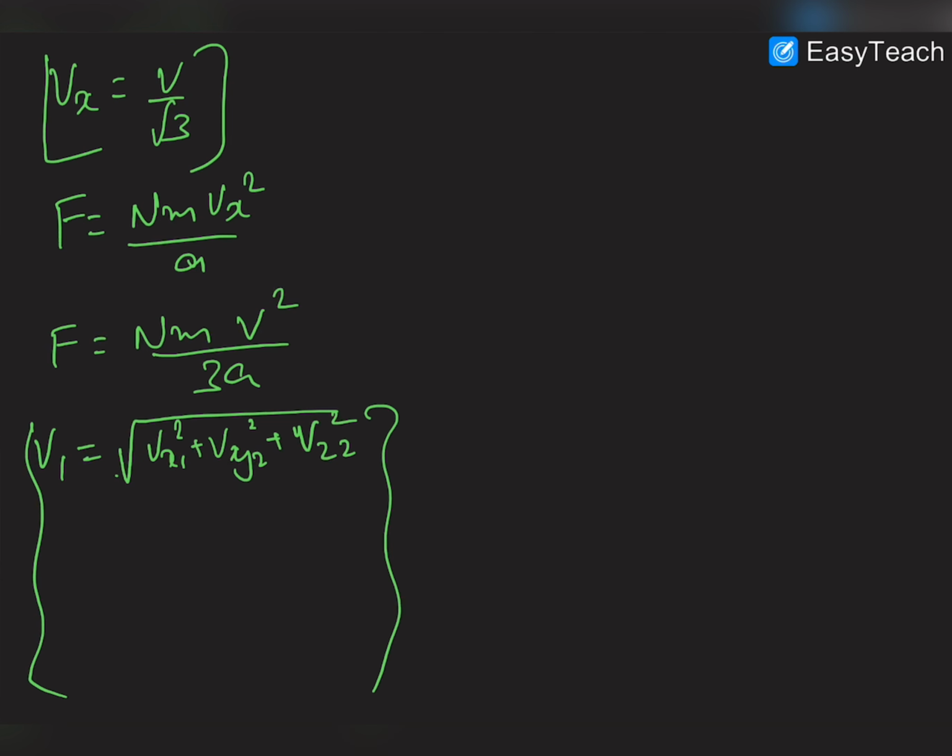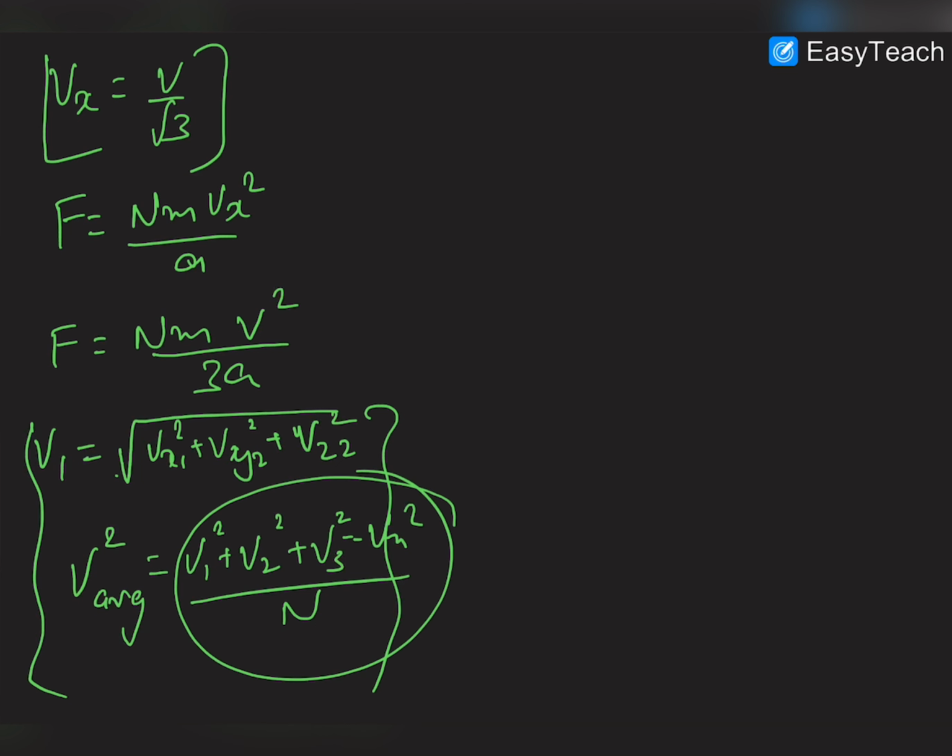But we know that all the molecules have different speeds, v1, v2, v3, so we cannot assume that all the molecules have the same speed v. So what we should do is take an average of v square, and the average of v square will be v1 square plus v2 square plus v3 square up to vn square, upon n.